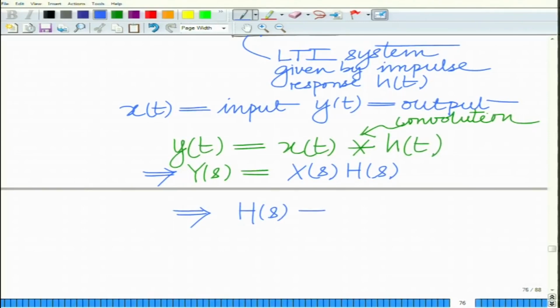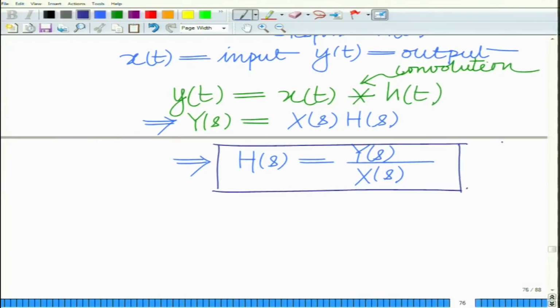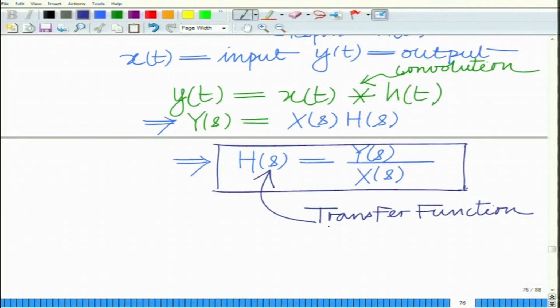This implies that H(s) equals Y(s) divided by X(s). This quantity has a very important role in the analysis of LTI systems. It is known as the transfer function of the system.